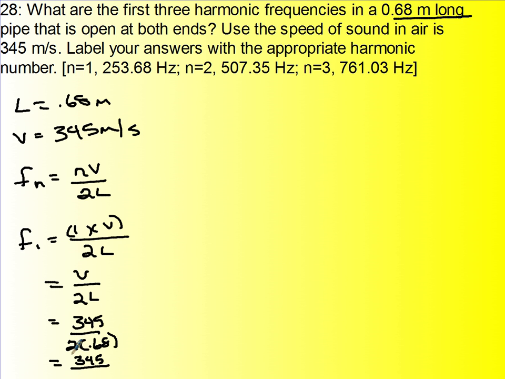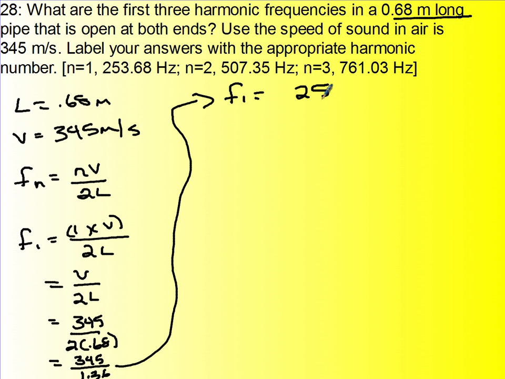Now to multiply your denominator. 2 times 0.68 is 1.36. So I'm going to bring this up here. So F1 is 345 divided by 1.36, or 253.68, let's call that 253.68 hertz.